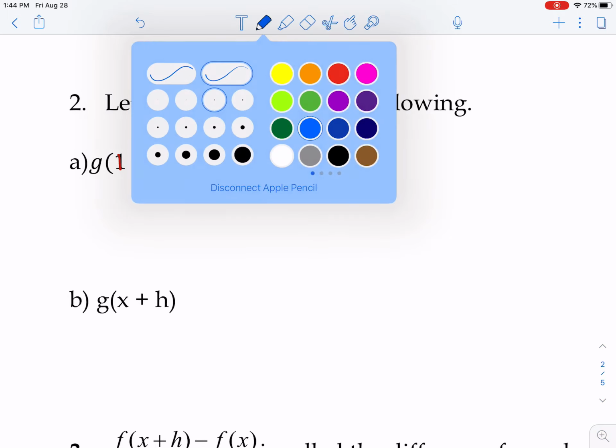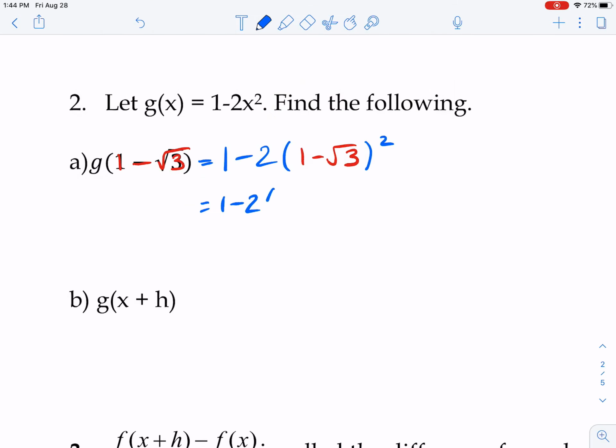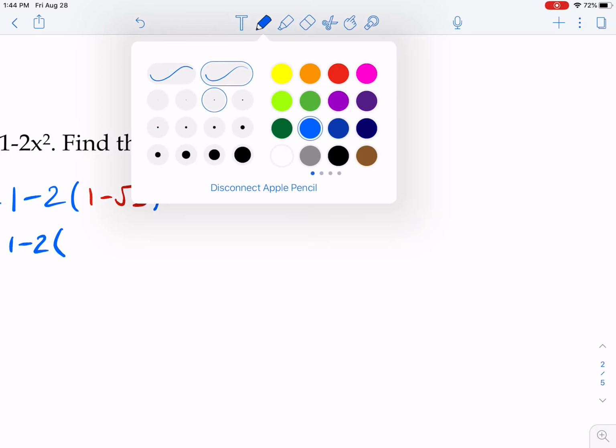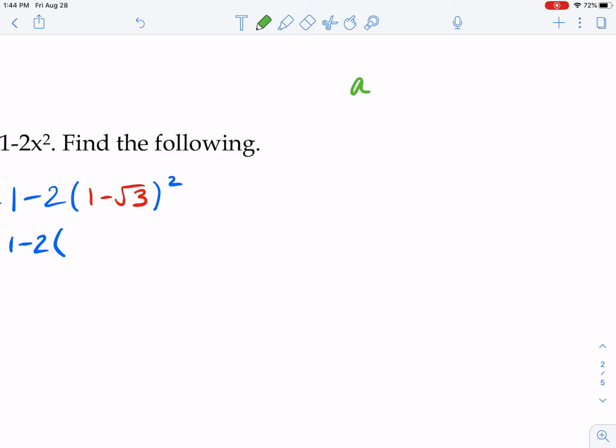So when I do, I end up getting 1 minus 2 times, when I square this, here is something that I think you should know. If you don't know it, then it's worth writing it somewhere. Put it on your bathroom mirror, put it on your wall right above wherever you're working, put it somewhere so that you see it all the time.